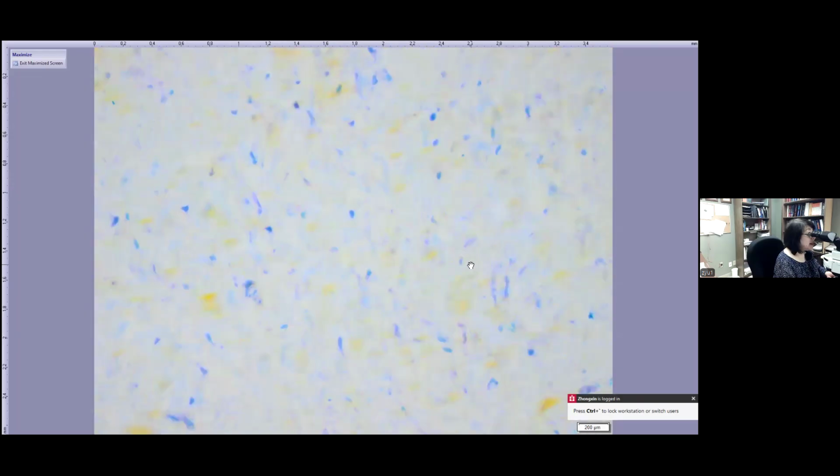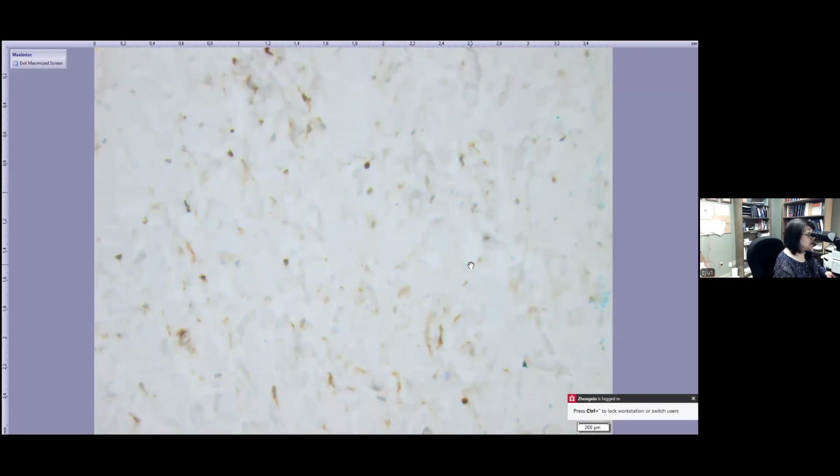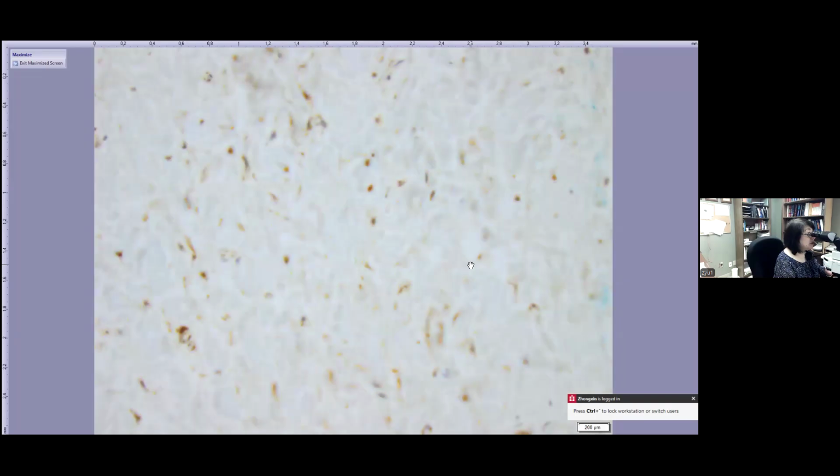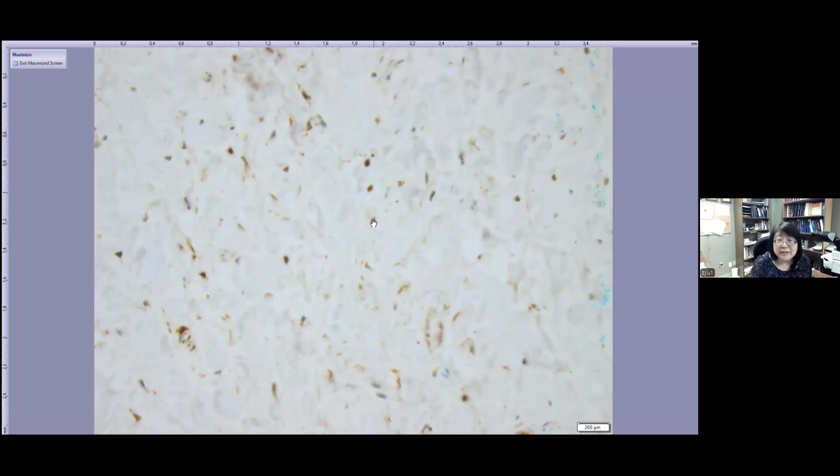Those nuclei are positive. Remember, this is hypocellular, not many nuclei, and the nuclei are small. So these are the nuclei, they are positive. Associated with APC gene mutation. What is this? Beta-catenin. Beta-catenin is positive in Gardner fibroma. So if in doubt, do beta-catenin. The majority of them should be positive.